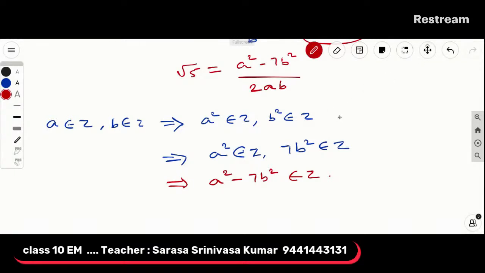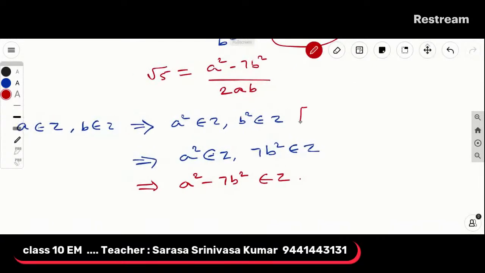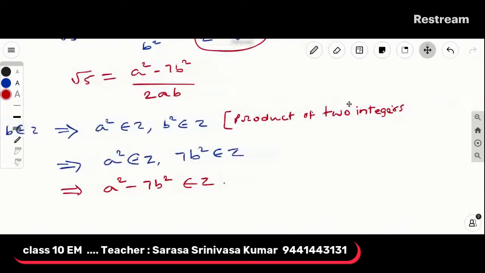So we can write here the product of two integers is an integer.